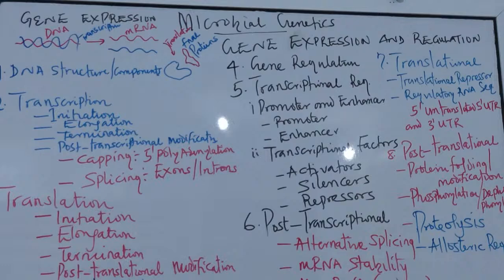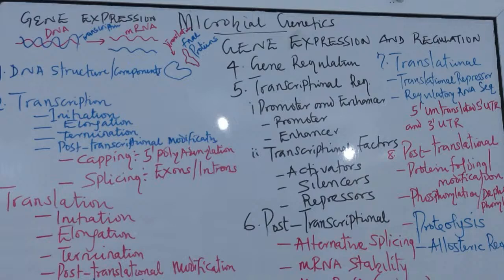Apart from that, in the earlier video, we talked about the structure and components of DNA. I told us that a gene is a segment of DNA able to carry specific instructions to produce a product. At the end of the day, a gene is just a segment of DNA.